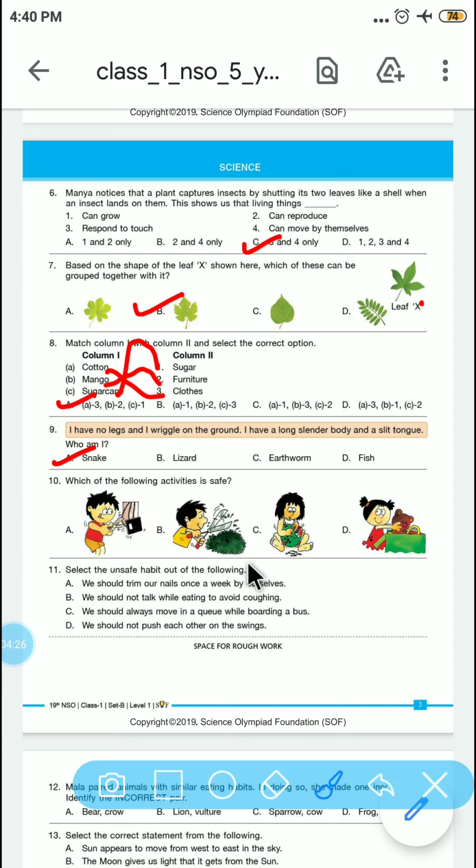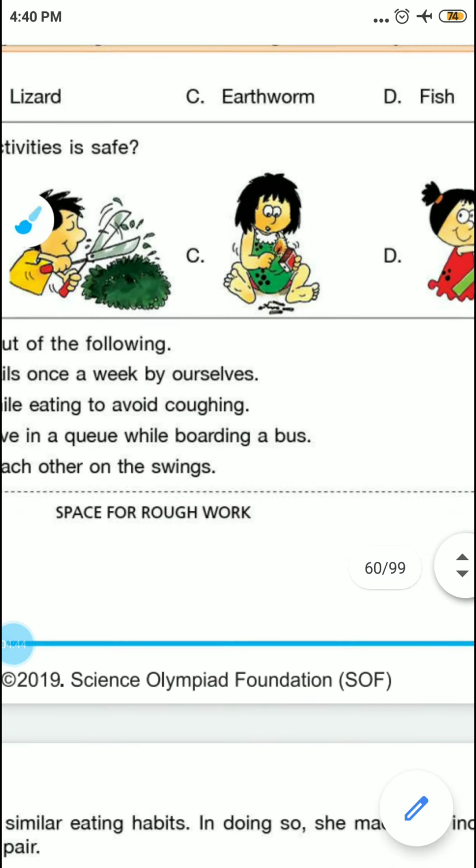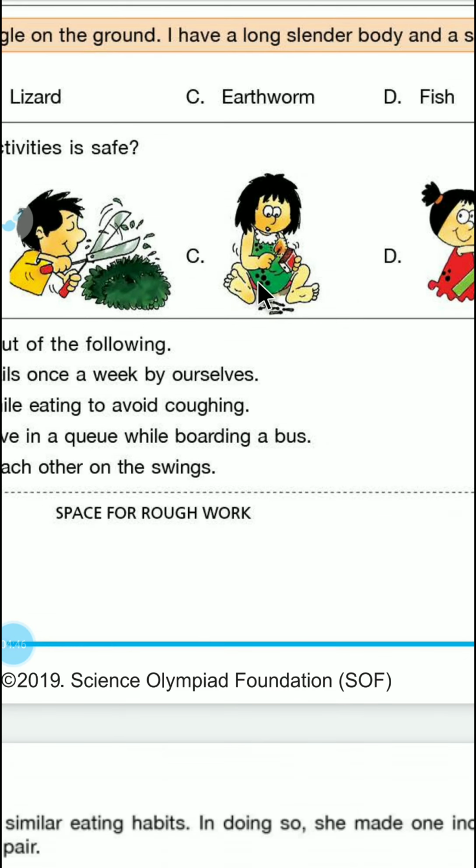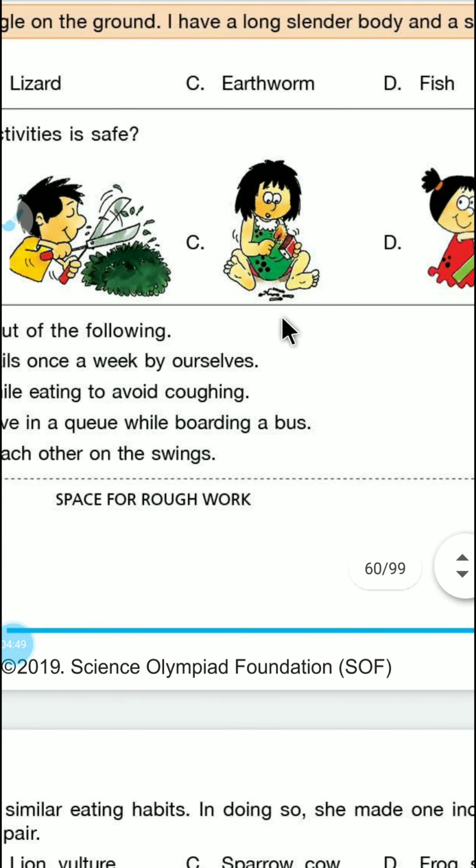No. In the next one, this kid is doing some sort of electrical work or cutting the wire, so it is also not good. And the final one, let me zoom it for you guys so that you can clearly see, this kid is doing fireworks, so it is also dangerous.